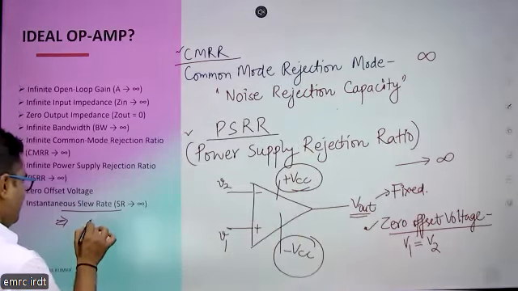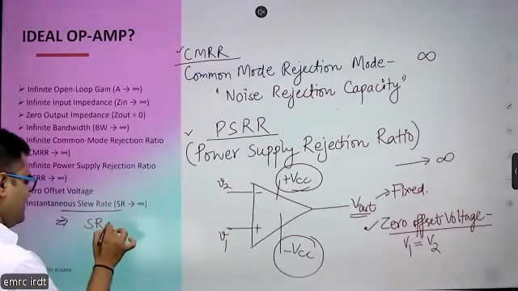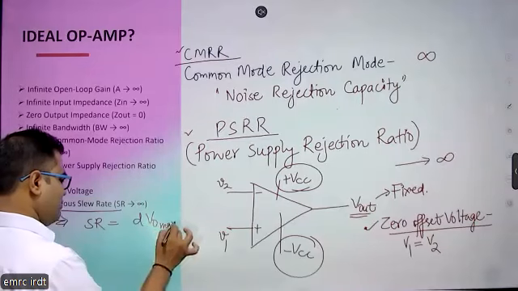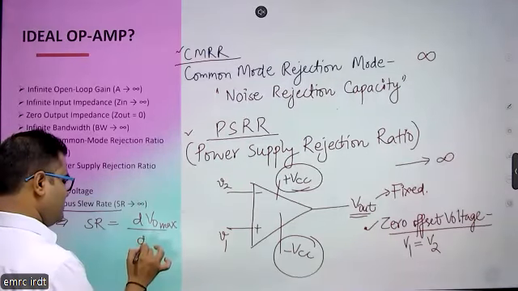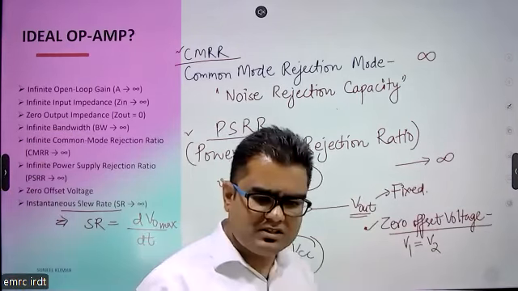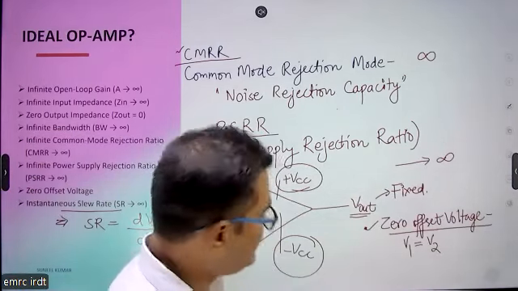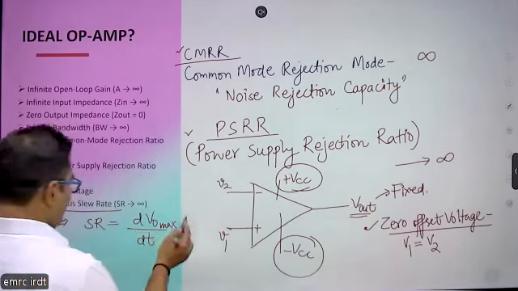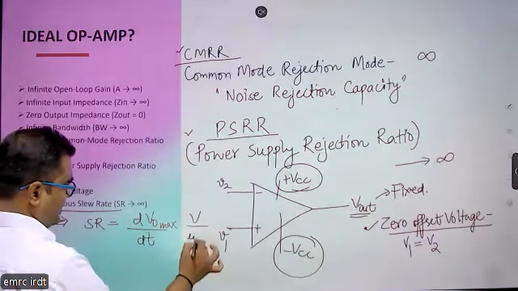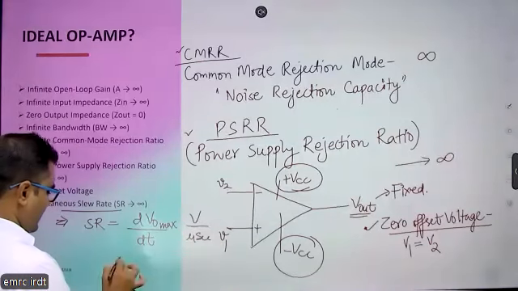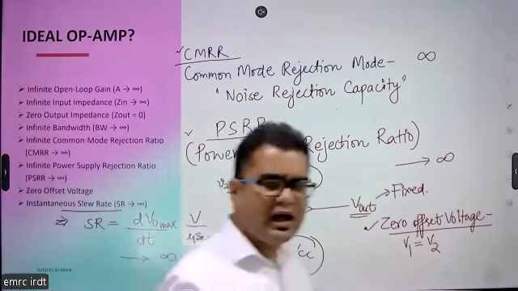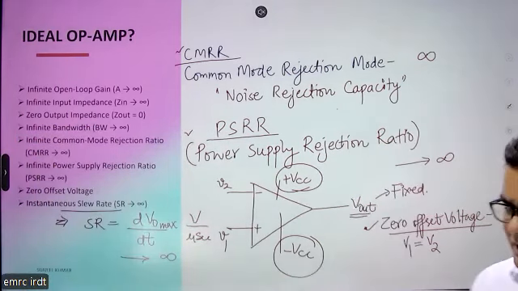In mathematical form, slew rate is defined as the maximum change in output voltage with respect to time. If the output changes instantaneously as we change the input, that means the slew rate is infinite, and the unit is volt per microsecond. So for the ideal case, this value is also infinite. So these are the ideal properties of an operational amplifier.